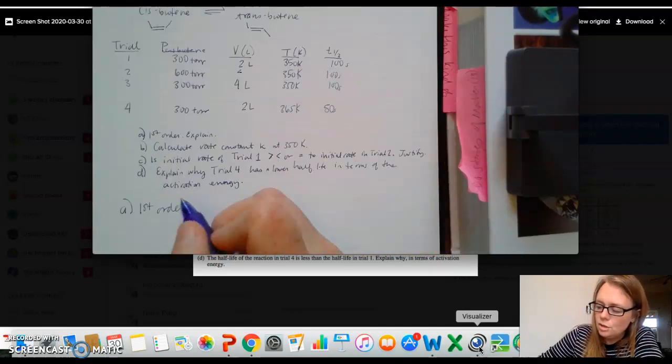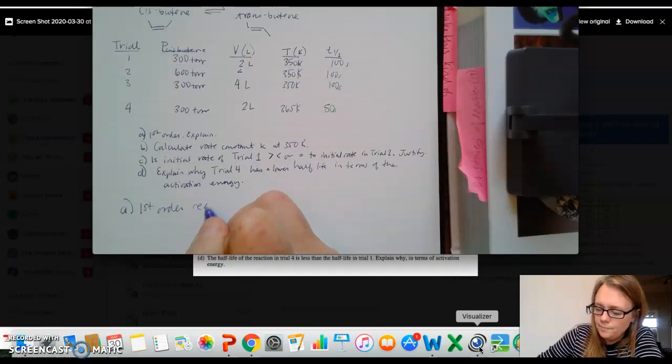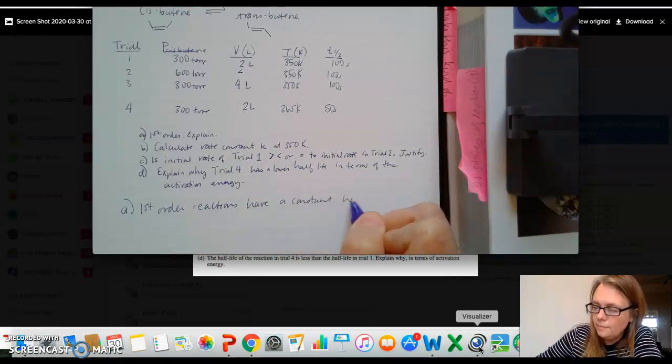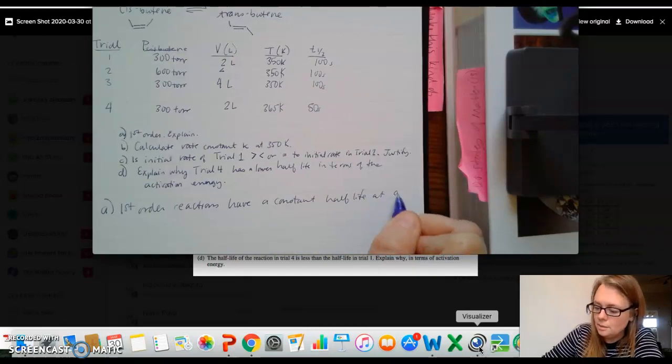So first order reactions have a constant half-life at a given temperature, or at a constant temperature.